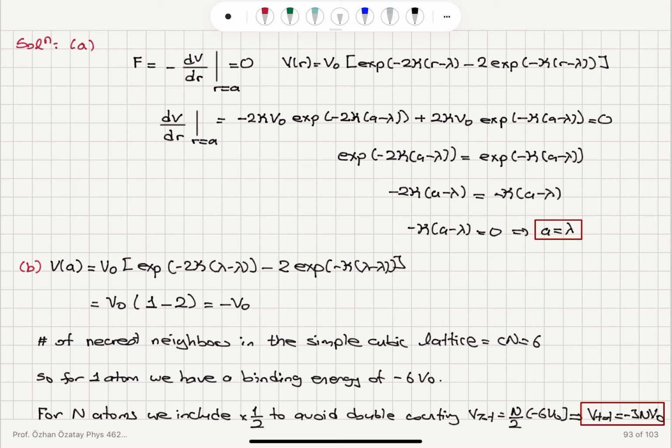So for one atom, we have a binding energy of minus 6V0 if we pair it with the 6 nearest neighbors. For capital N atoms, we cannot just multiply it by capital N because these are coming in pairs, so we have to divide it by 2 to avoid double counting. So this gives us a total binding energy of minus 3 capital N V0.